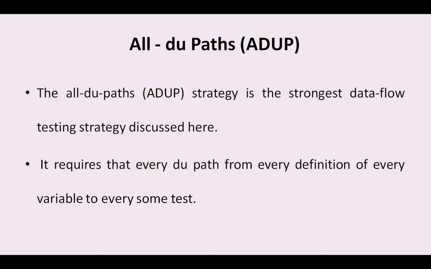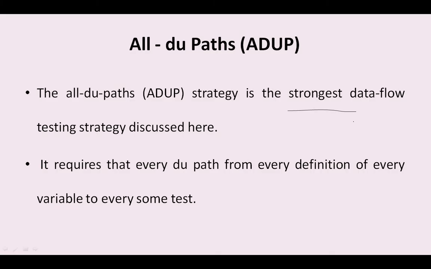The very first one that we are going to see is all DU paths, that is ADUP. The all DU paths strategy is considered one of the strongest data flow strategies: every DU path from every definition of every variable is used.